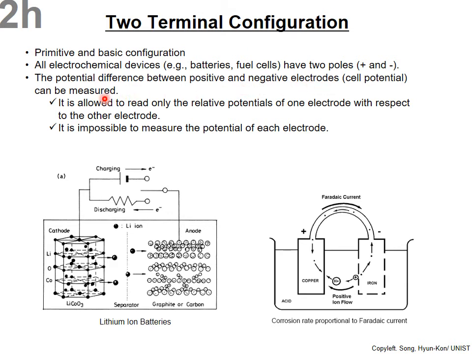Why have I emphasized the difference? Because we cannot measure the potential of each electrode for this one or this one. It is allowed to read only the relative potential of one electrode with respect to the other electrode. It is impossible to measure the potential of each electrode.